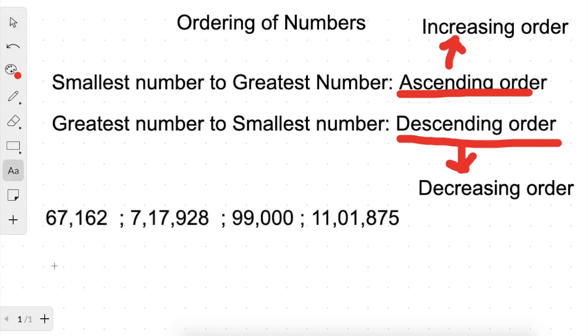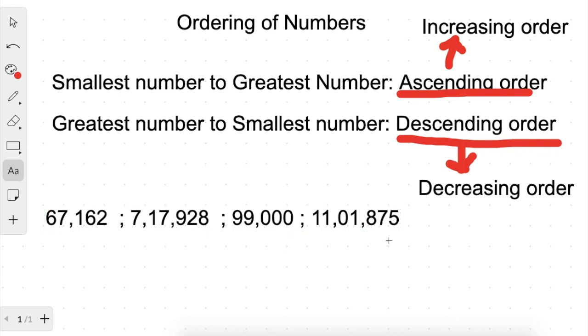So children, now we have these four numbers. Let us first arrange these numbers in ascending order. When we are writing in ascending order, let us remember what we did in comparison: we need to compare all of these numbers and find out which of these four numbers is the smallest.